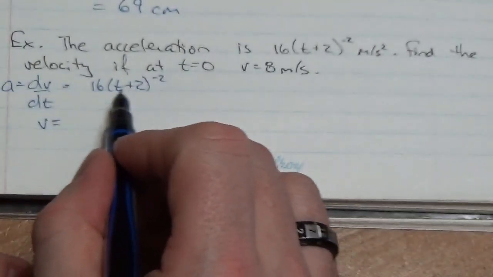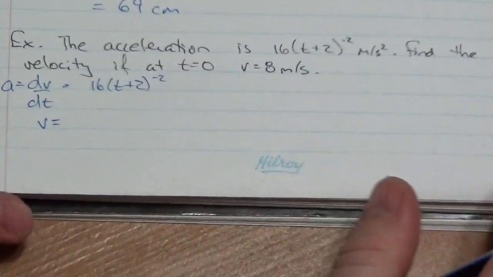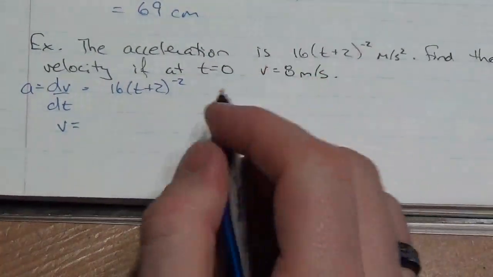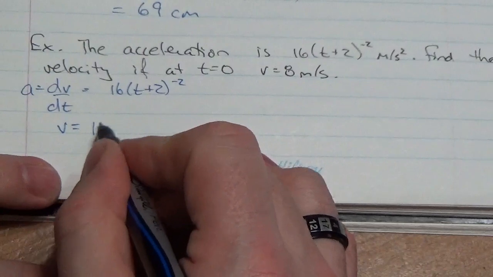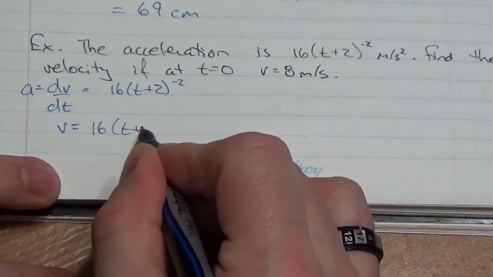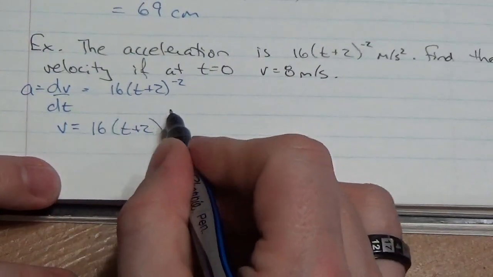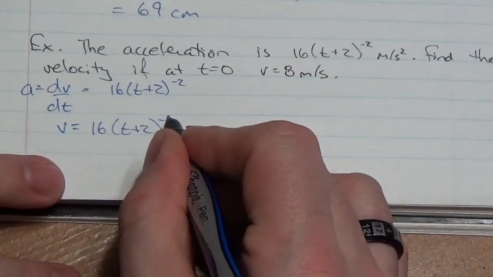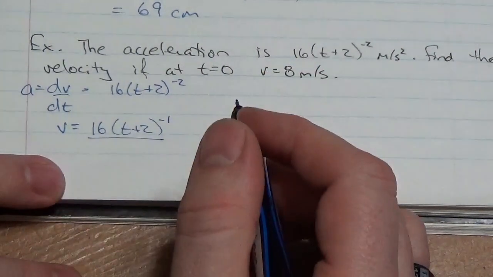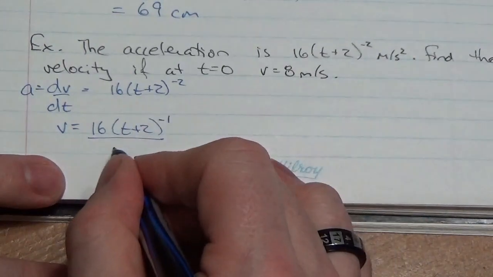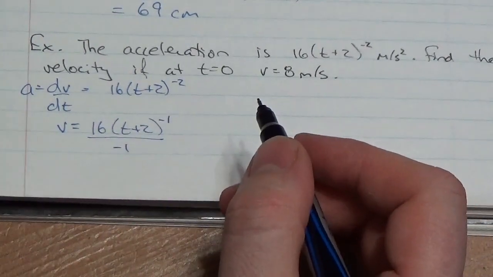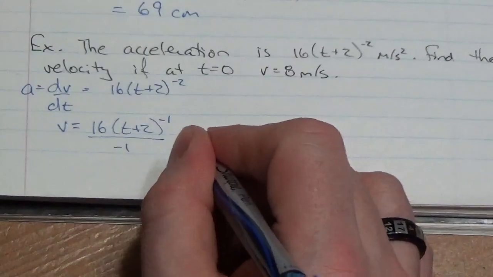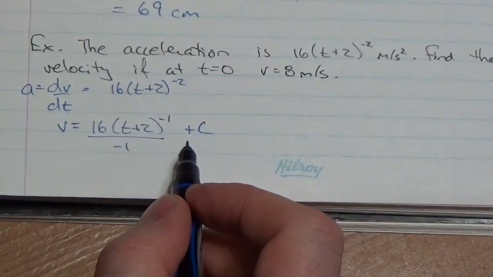But then again, I notice that the derivative of the inside is just 1, and I like that. That simplifies things down a bit. So what I'm going to do is increase the overall exponent here by 1. But remember, I'm increasing negative 2 by 1. So it's going to go to negative 1. And then I will divide by the new exponent here, negative 1. And I'll add my arbitrary constant.